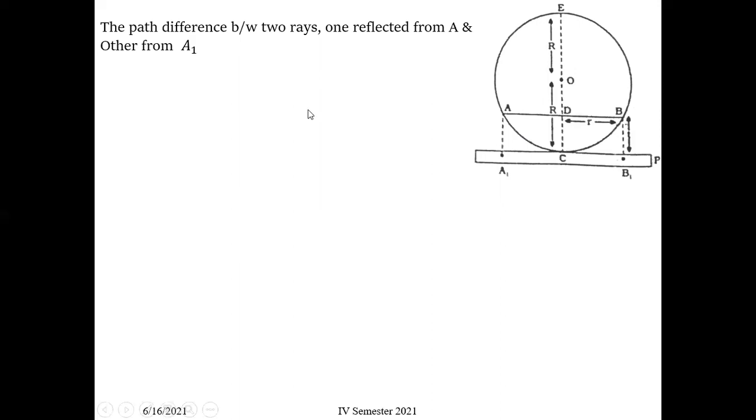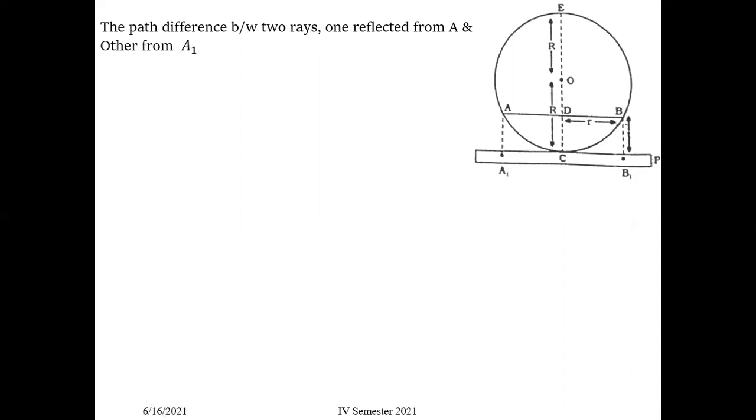Suppose we consider the path difference between two rays, one reflected from the lower surface A and the other from the surface A1. That means the light is reflected from the lower surface of the plano-convex lens and from the upper surface of the plane glass plate. Those two reflected light waves can interfere and give the interference pattern.